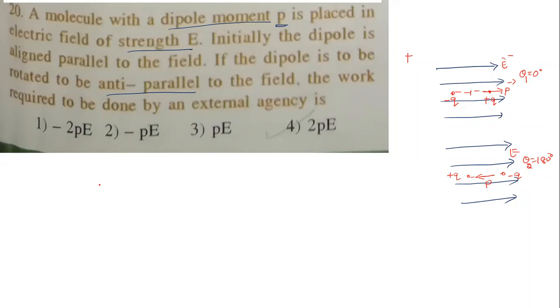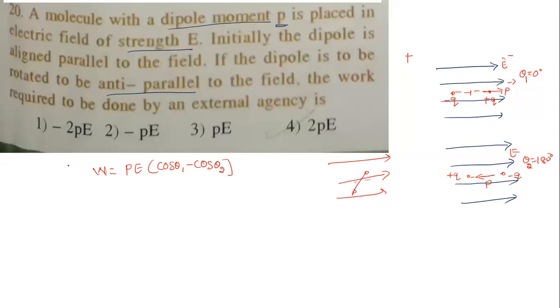Now what is the formula for work done in rotating a dipole? It is given by PE into (cos theta 1 minus cos theta 2). This is for when we keep a dipole in an electric field and start rotating it.